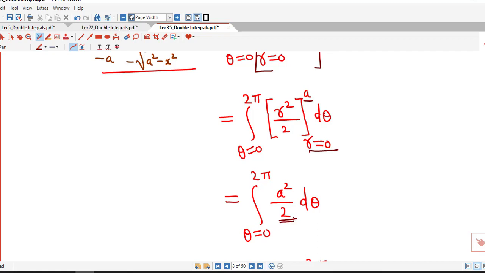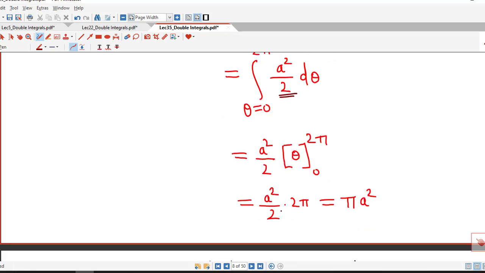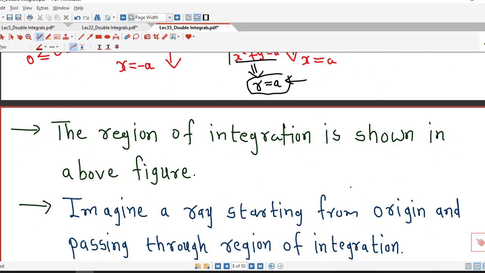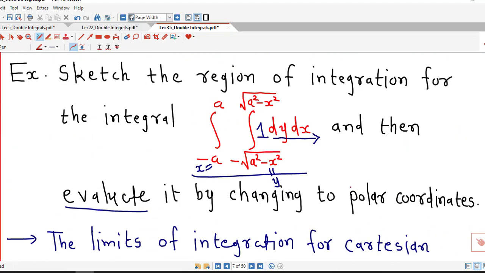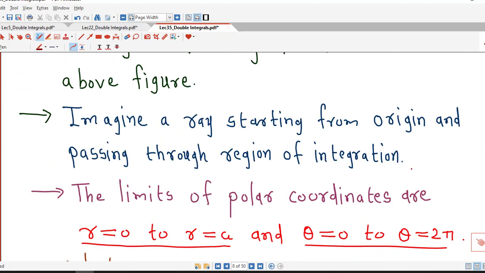A square by 2 is constant, and integral of d theta is theta. Limits of theta are from 0 to 2 pi. So we have a square by 2 into 2 pi, and these two will cancel out and we obtain pi a square. So the value of the given double integral using polar coordinates is pi into a square.